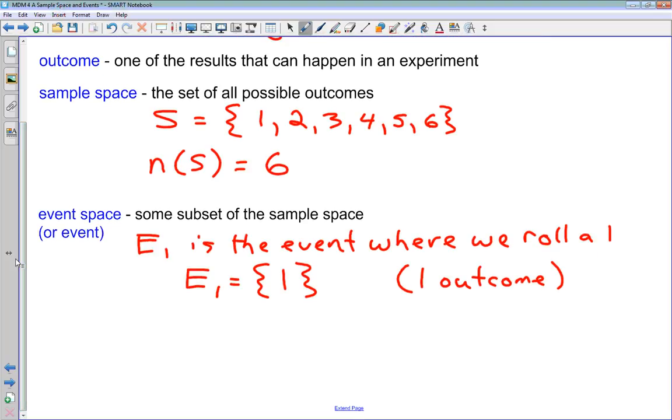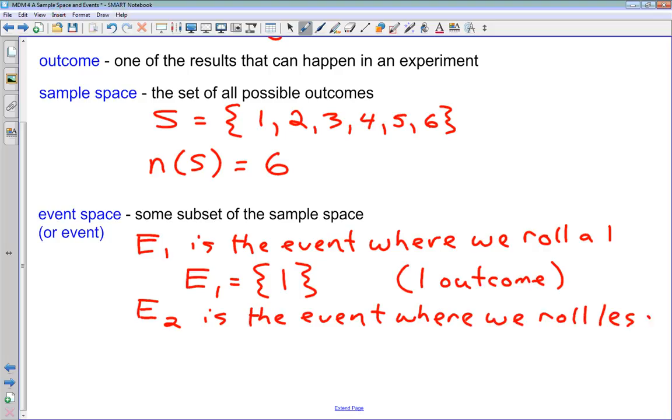So we could have another event in our same sample space. So let's say we'll have one called E2 here. Let's say E2 is the event where we roll less than a 4. Let's say less than 4.